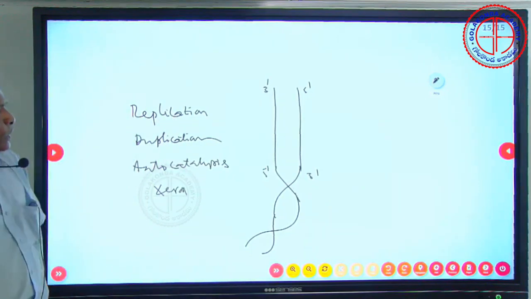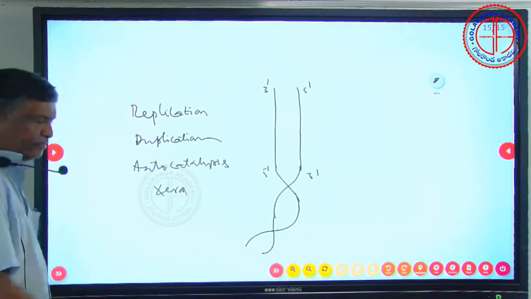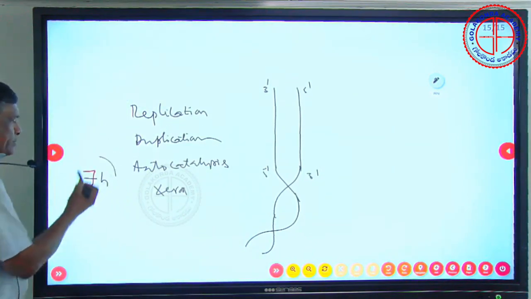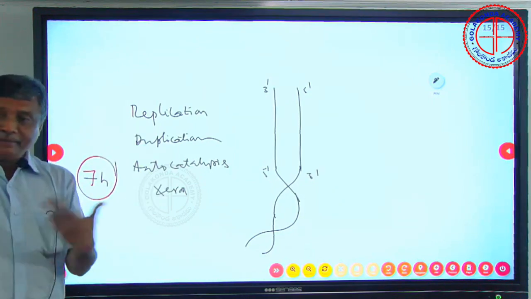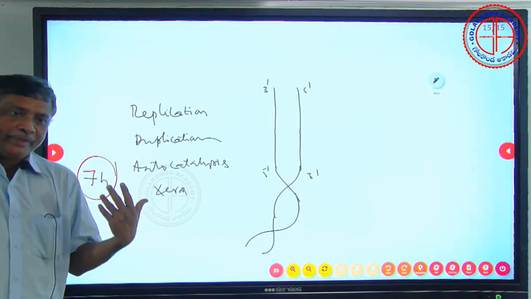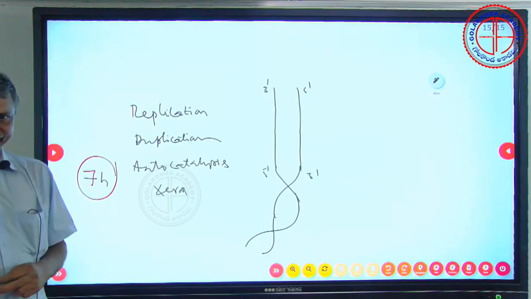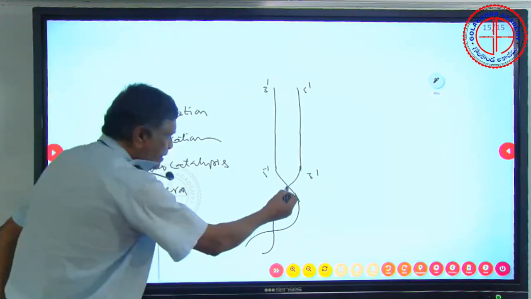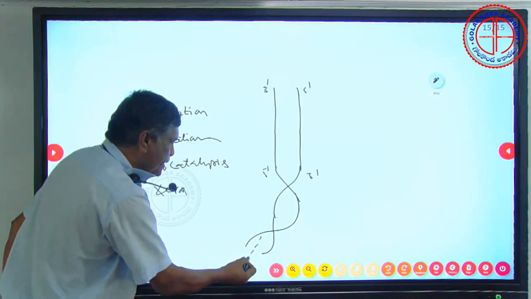So, each and every 7 hours, not more, but age factor is required, the limits of the age, DNA, two helicals. This helical forms a new helical.